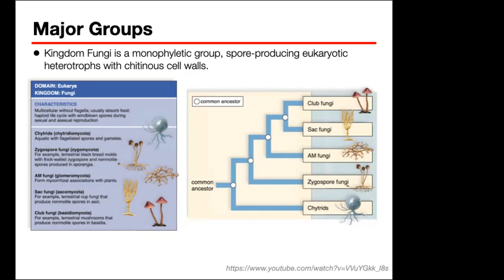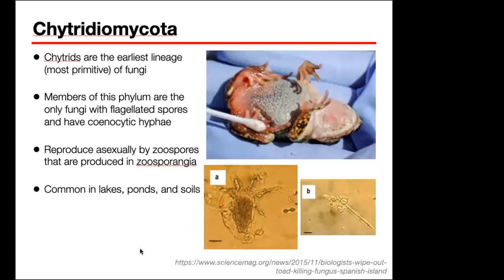First off, we are going to talk about chytridiomycota, or our chytridiomycetes. This is known as the earliest lineage or the most primitive form of fungi. Although if you look at other references, there is already a sixth group, our microsporidia. But I am simply following what's stipulated in our learning guides, and microsporidians are not included here.